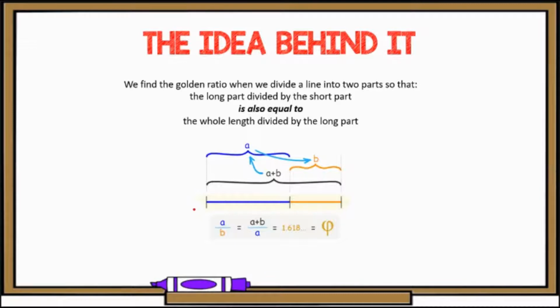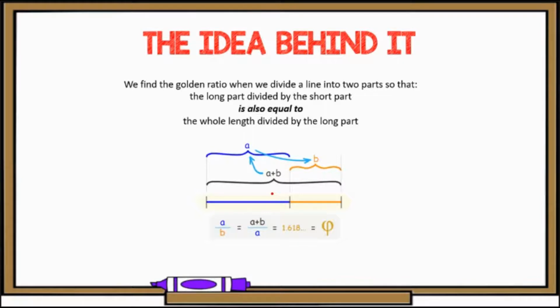We have this line, the combined blue and yellow, represented by A plus B. The longer line is A and the shorter line is B. So to get phi, the long part, A, is divided by the shorter part, B. And it is equal to the sum of the 2 lengths, A and B, divided by the longer part, which is A. And it is approximately equal to 1.618, or phi.